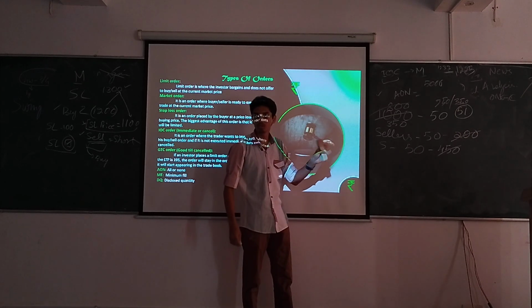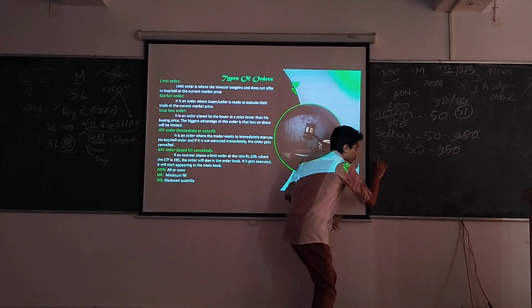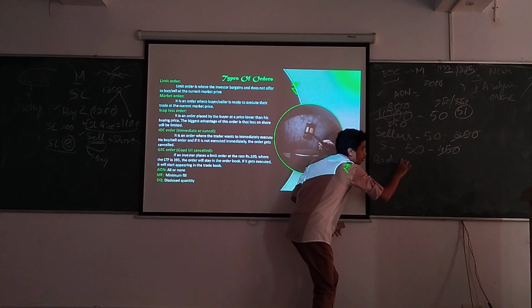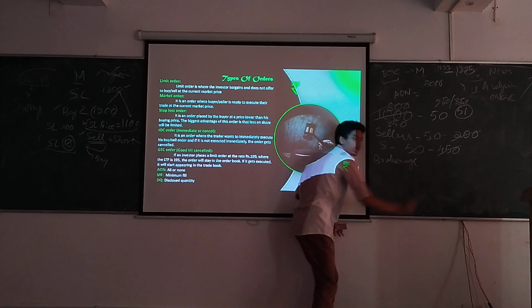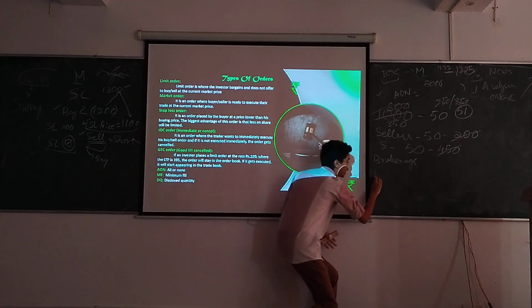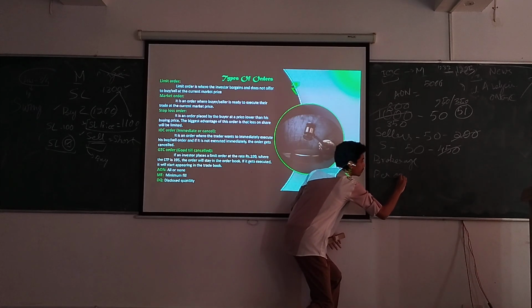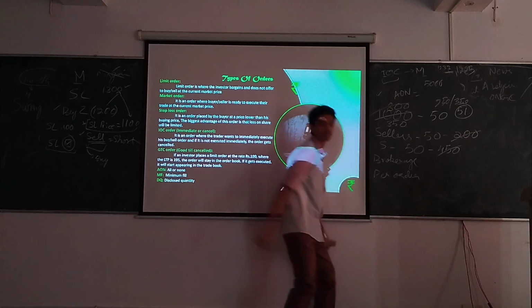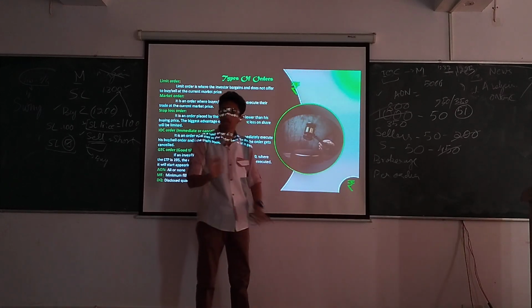The bad thing about this is your brokerage that we spoke about yesterday, that 0.02 rupees commission that the broker takes, is on a per executed order basis. For unexecuted orders, it is 0 rupees.